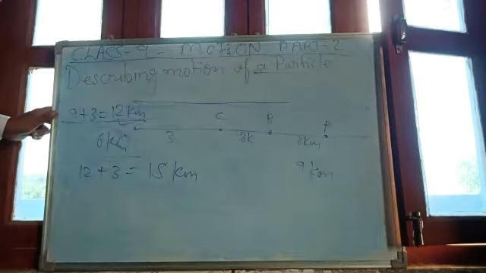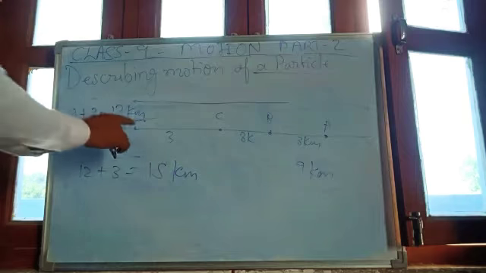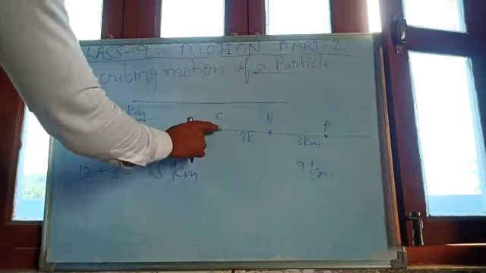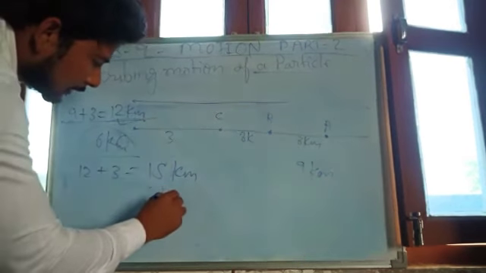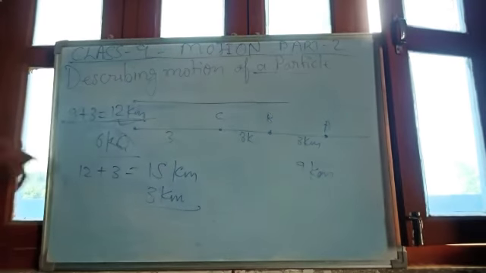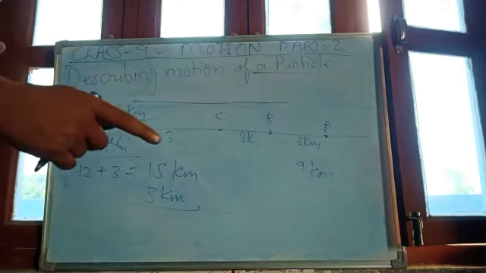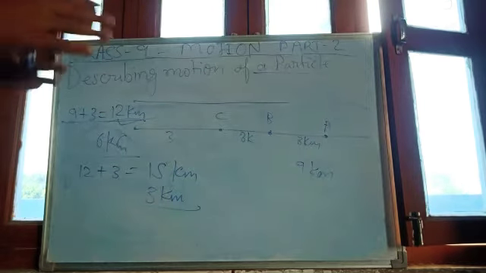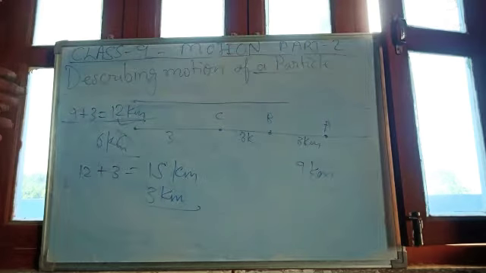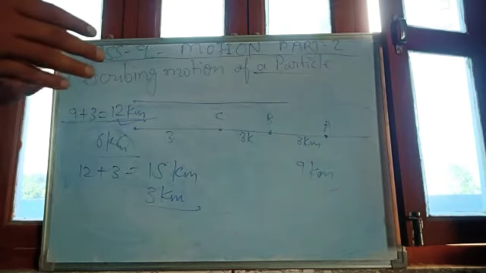Now check the distance between the initial and the final position. This time you will say only 3 km. Now you can see the total distance covered by the particle and the distance between initial and final position are different. So what is the concept now?